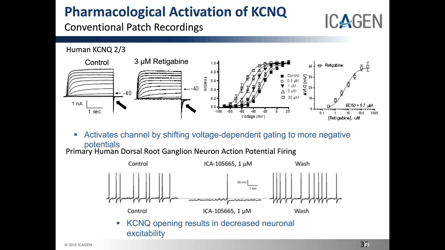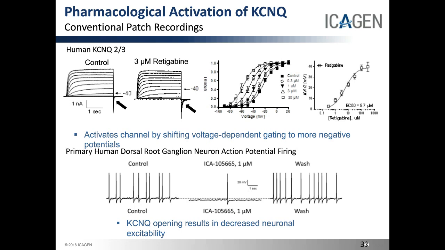We can then fit those values to give us the maximum response obtained from that compound, which in this case is Retigabine, and we can also get a measure of the EC50 of this compound, which for us in conventional patch recordings is 5.7 micromolar.